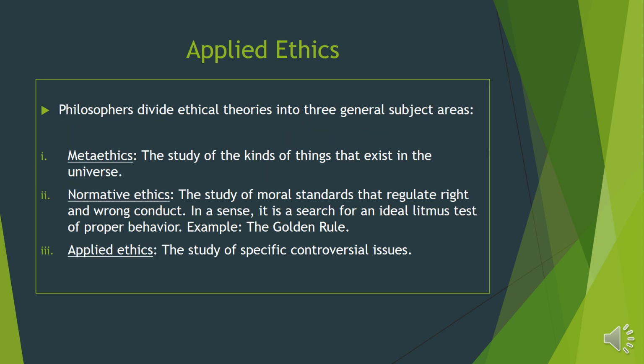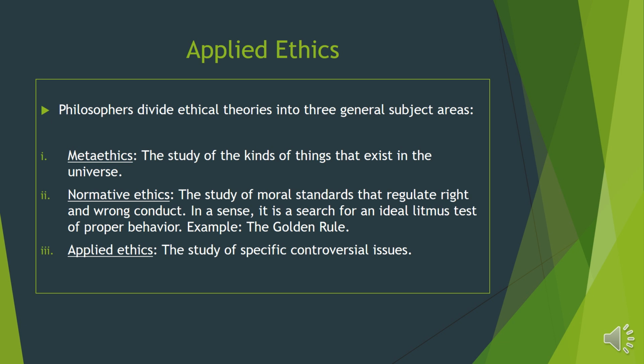As a final consideration, when we think about applied ethics, one interesting way to think about it is that ethical theories as a whole are divided into three general approaches or subject areas. The first one is meta-ethics. This approach is the biggest picture of the three. The questions it asks are: where do ethics actually come from?